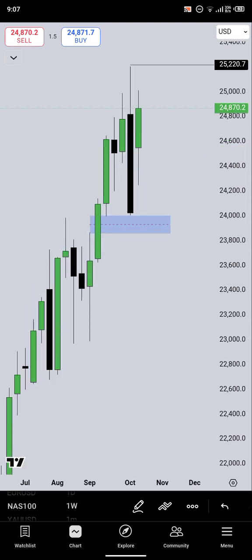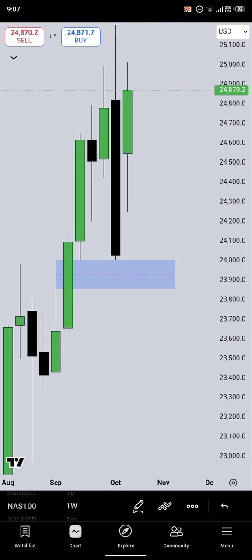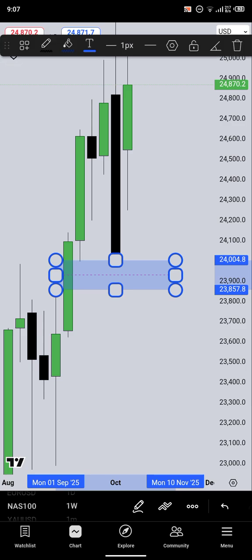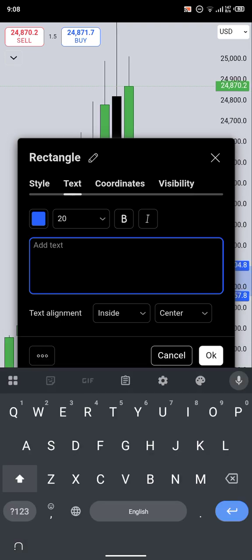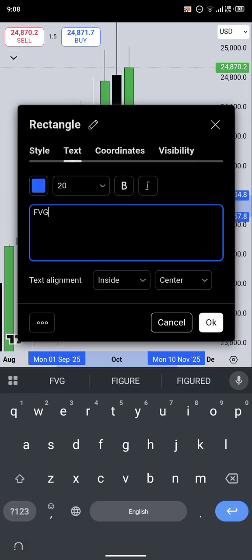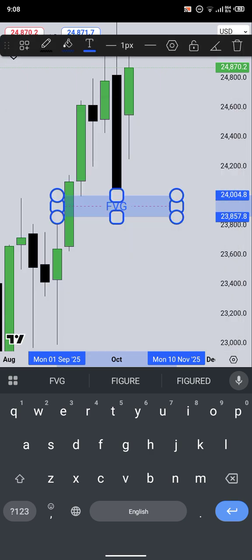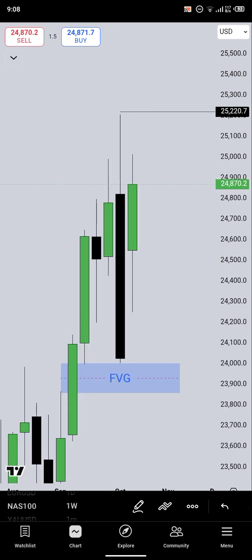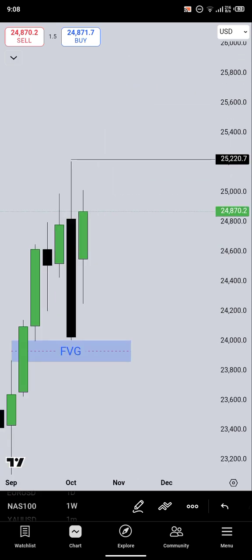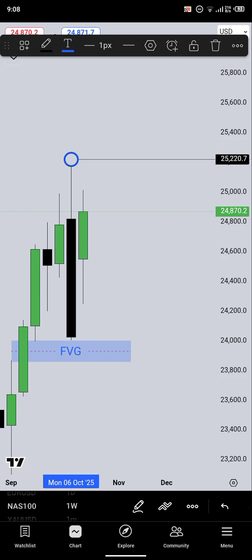Nearest to our recent price action, we have this fair value gap underneath. Let me mark that out. Fair value gap.